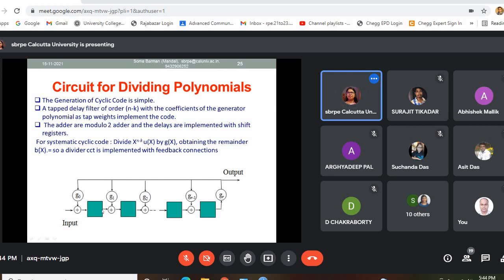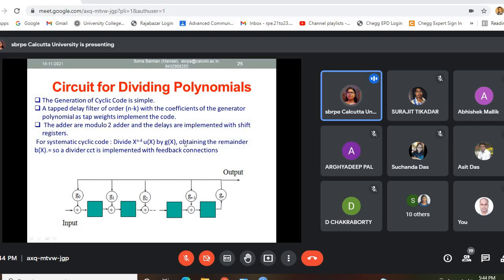These are just delays, nothing else, so that's why we consider the shift register. Another thing is the modulo 2 operation, which is an XOR operation.